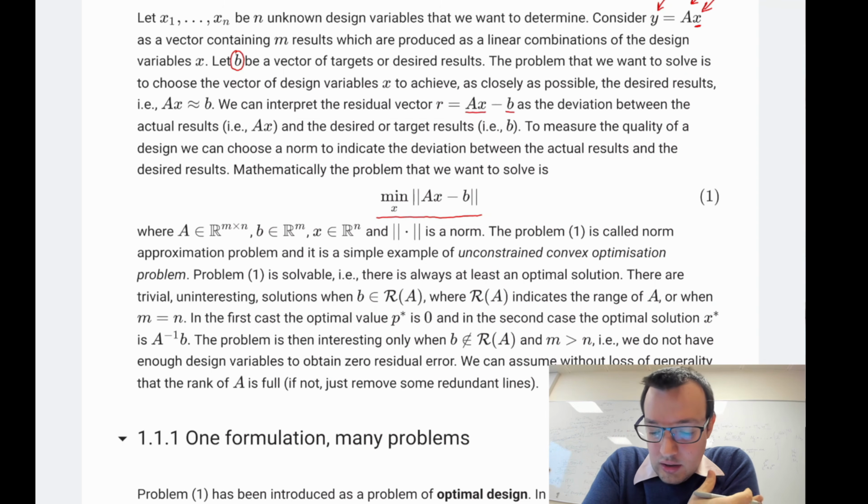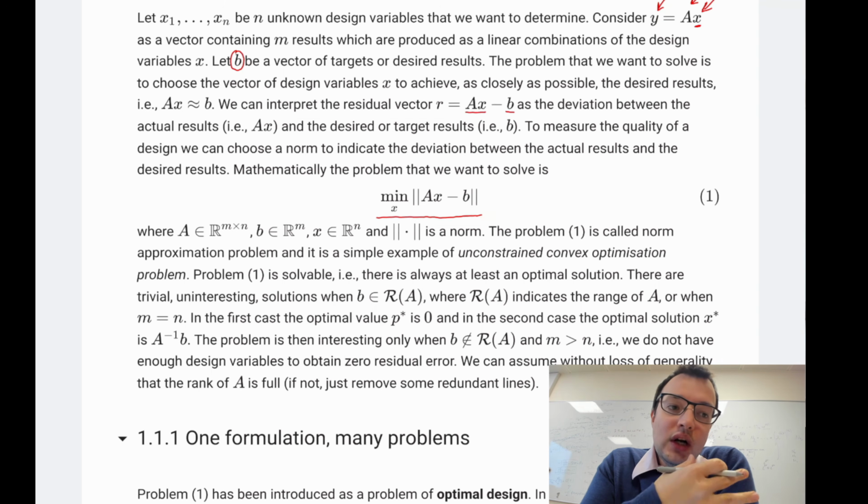And here, I don't specify the norm, so the norm can be different types of norms, okay? So this is a very simple example of an unconstrained convex optimization problem. Now, at this point, it's not clear what a convex optimization problem is, and my decision at the moment is not to go into the theory for the first couple of lectures and just look at a lot of different problems.